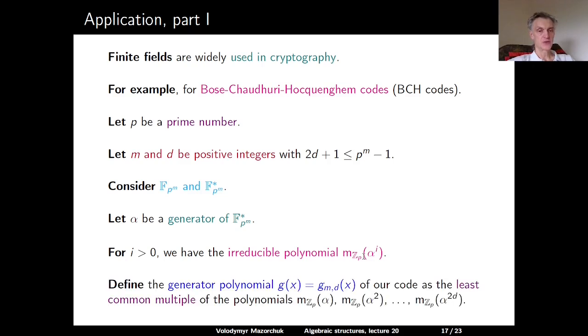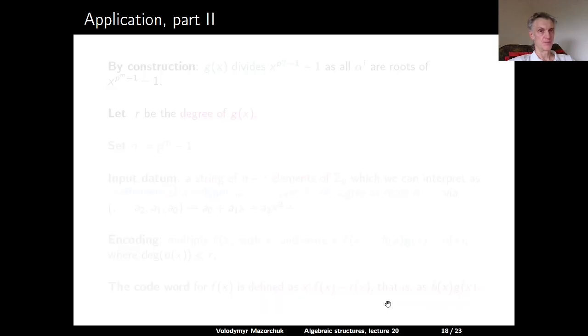We define the so-called generator polynomial of our code as the polynomial g of x. It depends on m and d, and we define it as the least common multiple of the minimal polynomial of alpha, the minimal polynomial of alpha squared, all the way up to the minimal polynomial of alpha to the power 2d over Zp.